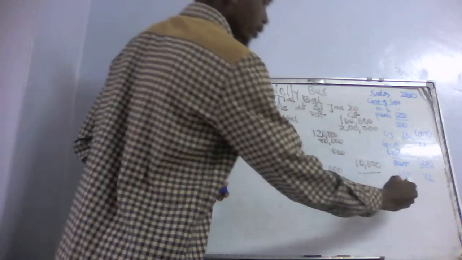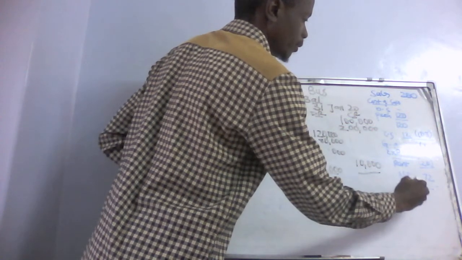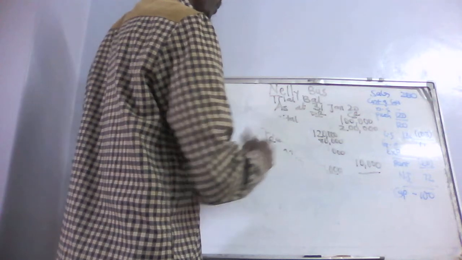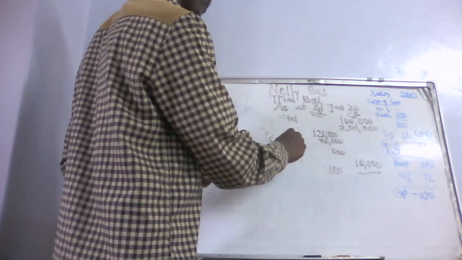Capital is 100,000, so I think I should just note this information somewhere. Capital 100,000, and then purchases is there.